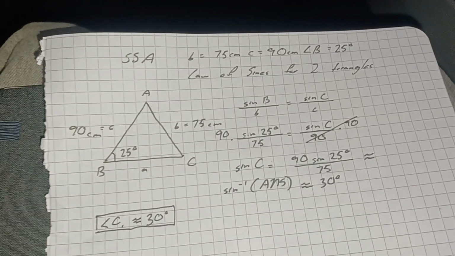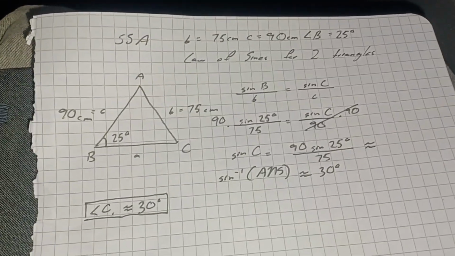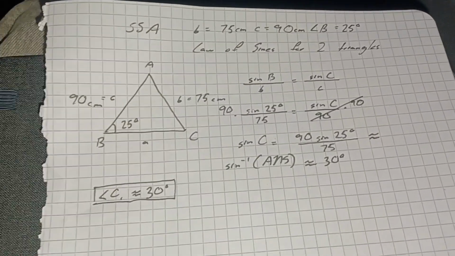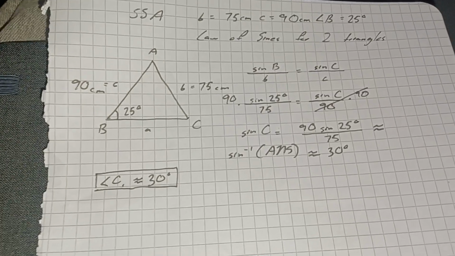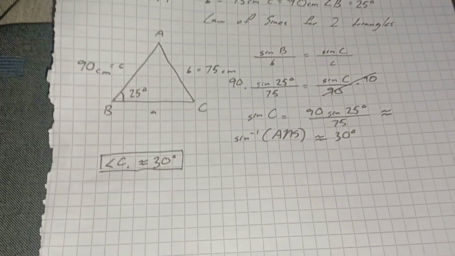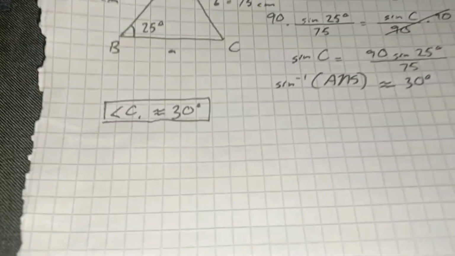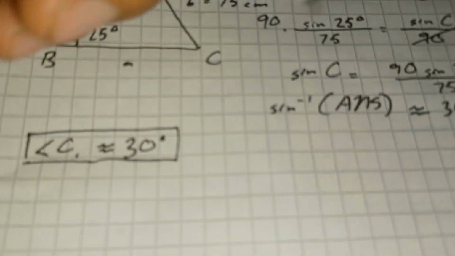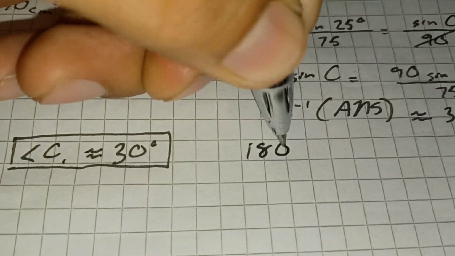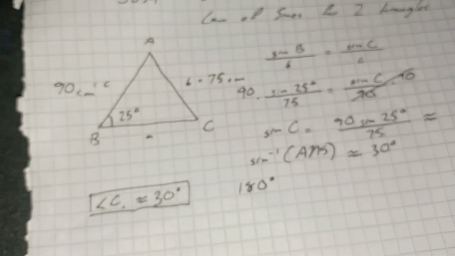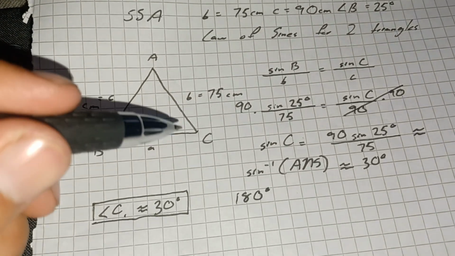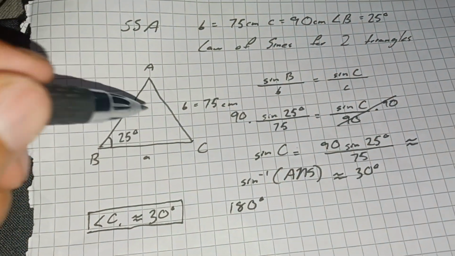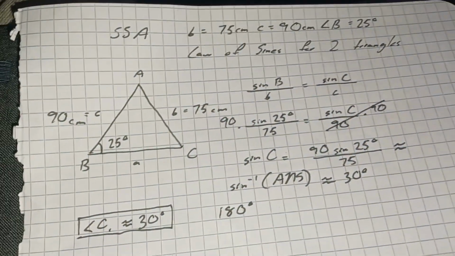So since this is a side angle triangle, chances are we're going to have a second triangle. So how do we find that second angle in this case? We're going to basically take 180 degrees. If you didn't already know, in a triangle, all three angles have to equal 180.